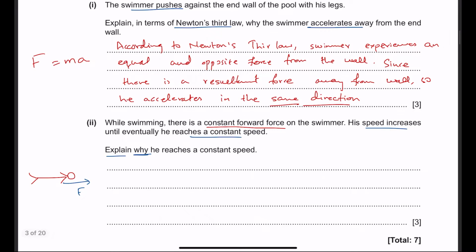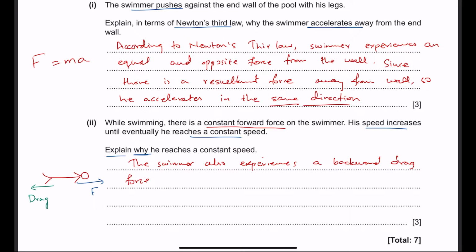So what you need to explain here is that this forward force is not the only force acting on the swimmer. He is also going to experience a backward force, which we call the drag force. So there's not just one force acting on him.